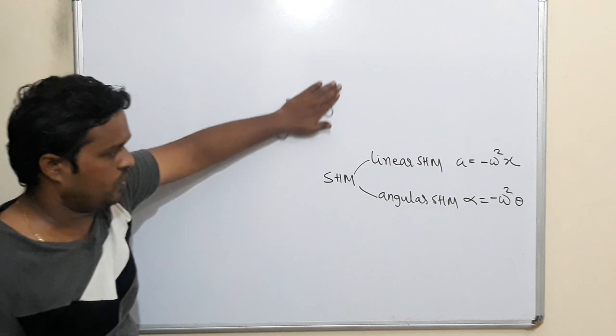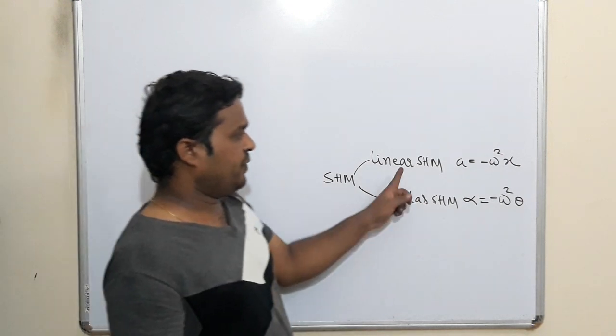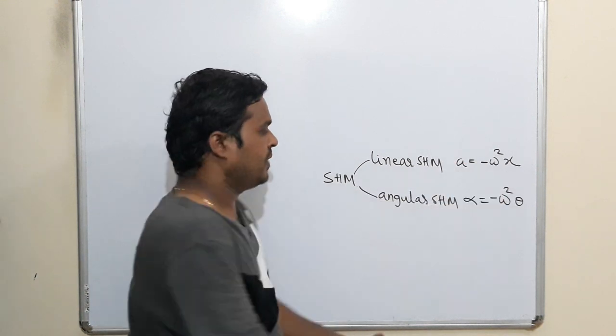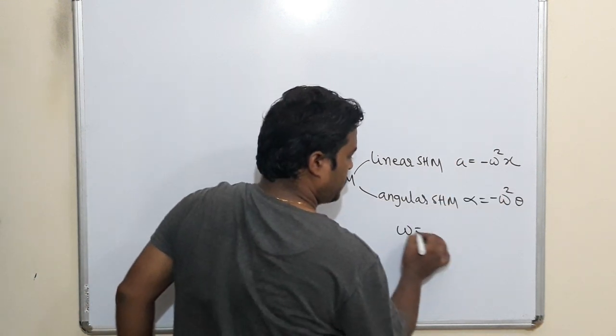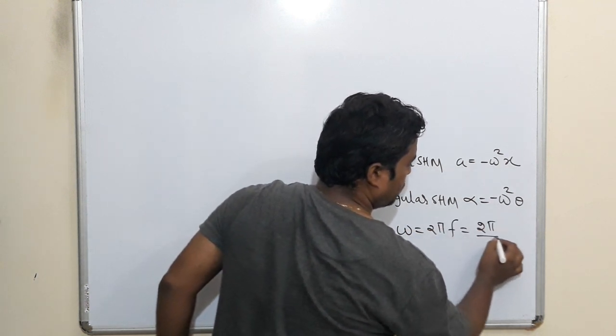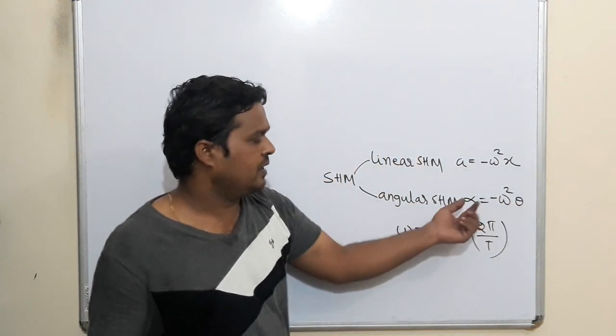Any body which is oscillating or executing simple harmonic motion, if it is linear SHM, has to satisfy this condition. And here you remember what is omega? Omega is 2 pi f, or it is also 2 pi by T. What is theta? Angular displacement.